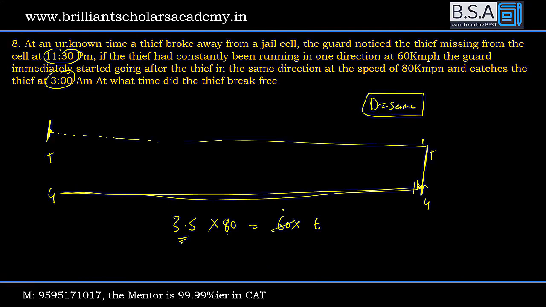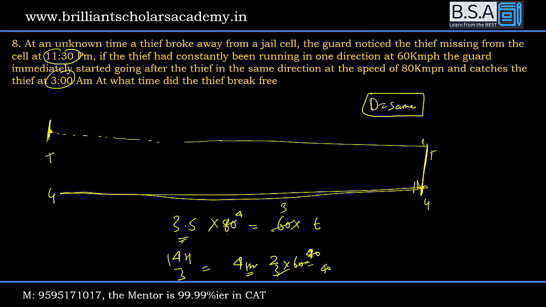So if I cancel 20 into 3, 20 into 4, what I have here is 14 upon 3. 14 upon 3 means 4 hours, and then 2 by 3 further. 2 by 3 further is how many minutes? It is 20 into 2, 40 minutes.